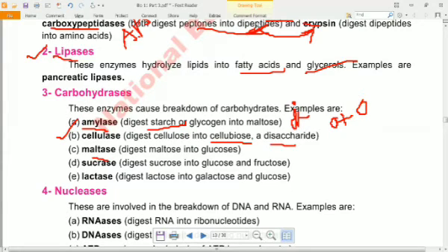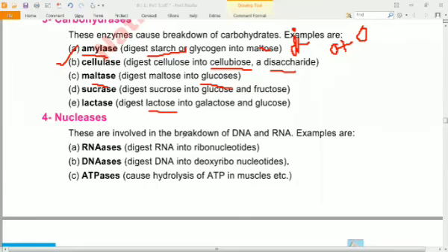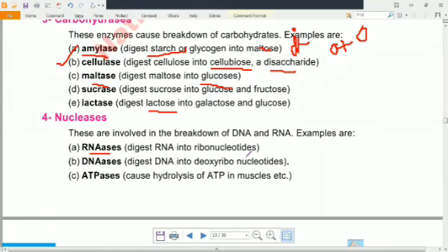Then we will see nucleases. When we talk about nucleases, nucleases are those enzymes which break down DNA or RNA. So RNases, as the name is telling you, digest RNA into ribonucleotides, like into the small monomers of ribonucleotides.